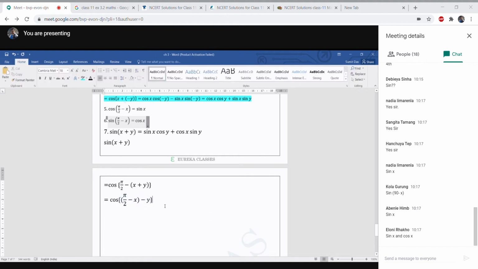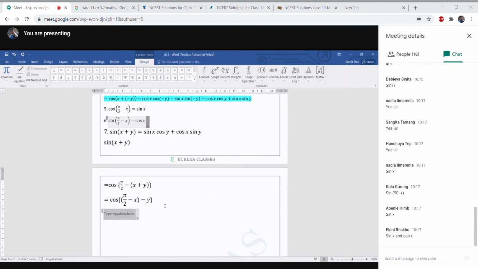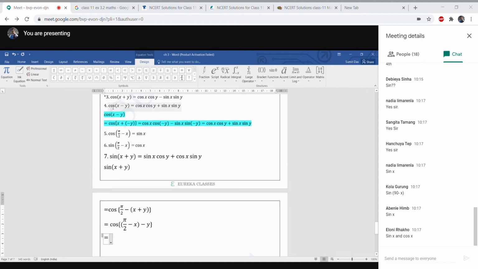Understood? So again, we use the same formula, cos(x minus y). Now x is this and y is this. Where is the cos(x minus y) formula? This is it.